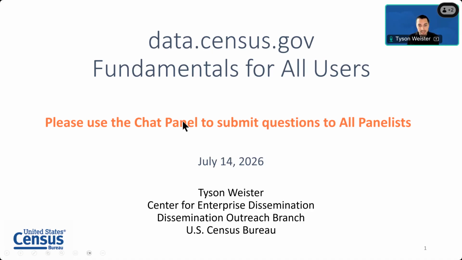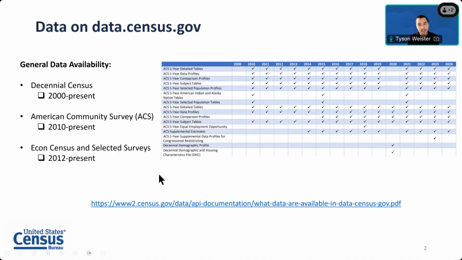Before we dive into the demonstration today, just setting the stage here: by being the primary platform, it means that we have data from the Census Bureau's most popular surveys and programs. What does this mean? It means we have data from the decennial census back to 2000. We have data from the American Community Survey, which is conducted every year, back to 2010.